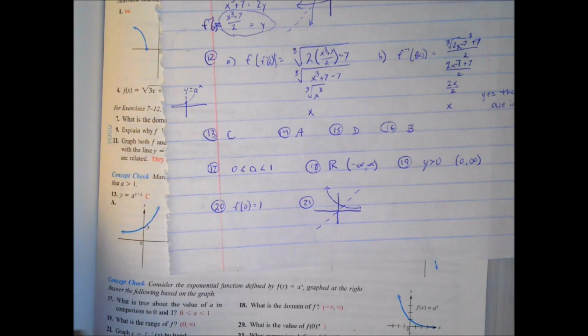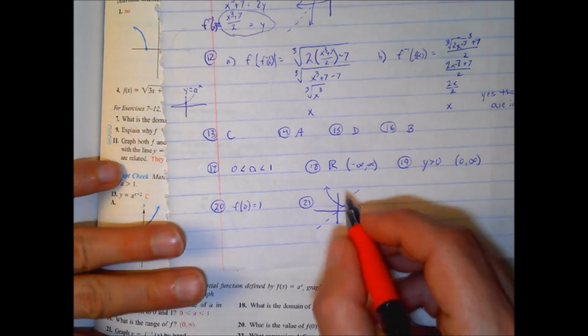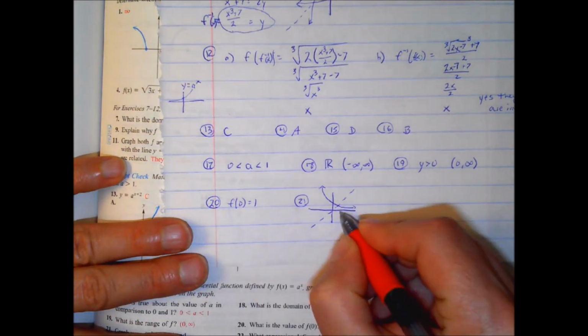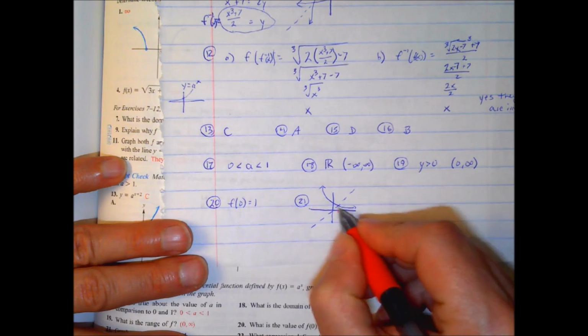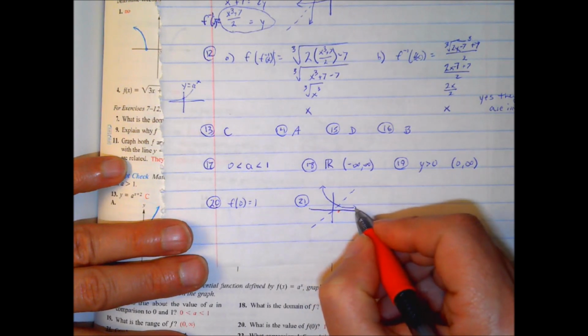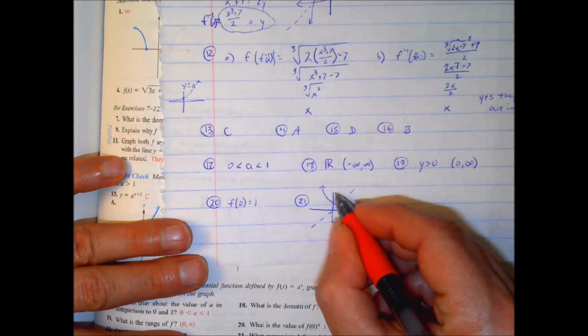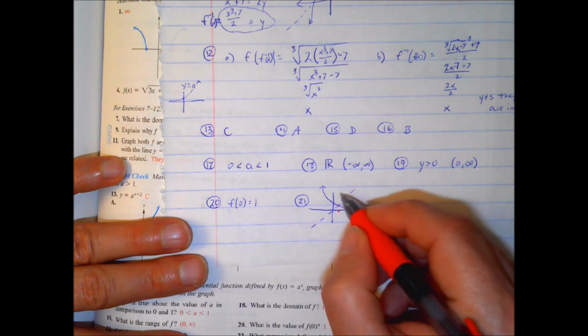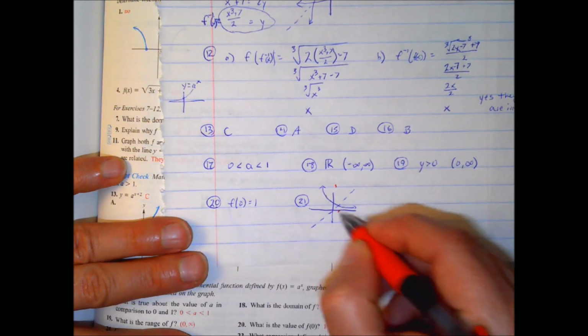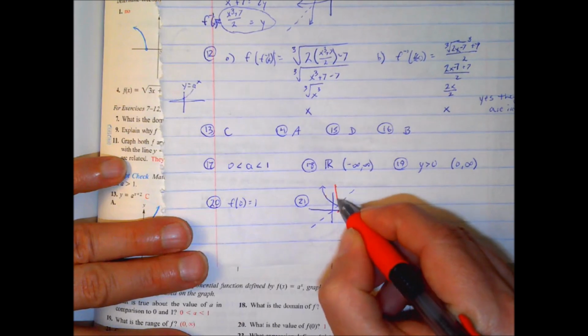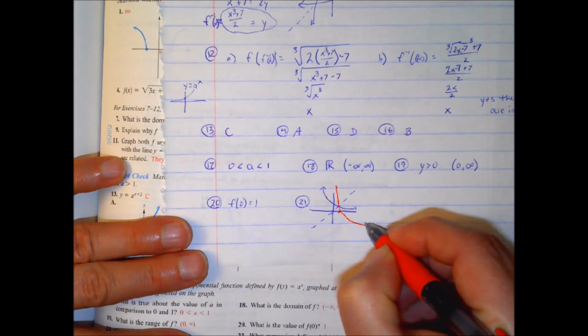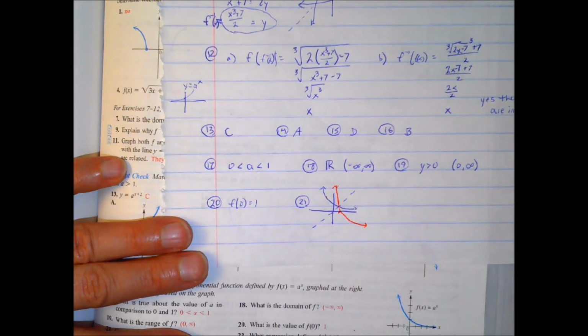So instead of going through 1 here, it's going to be right there. In this one, our domain goes all the way this way and that way, so all real numbers. And our range, there's an asymptote right here, so it's 0 and above. So our y has to be greater than 0, or from 0 through infinity.